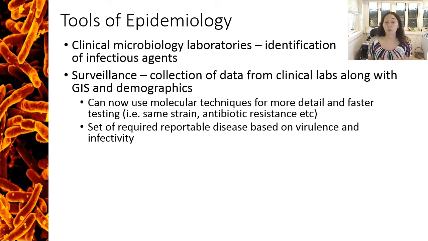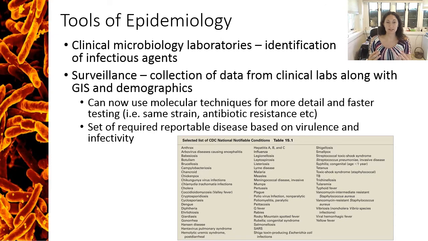This is allowed and happens because we have what are called reportable diseases. There's a whole table, you can see it here, of diseases that if a patient gets diagnosed with one of these, then the clinical microbiology lab has to reach out to the state public health department and say, hey, we have a case of botulism, or hey, we have a case of gonorrhea.